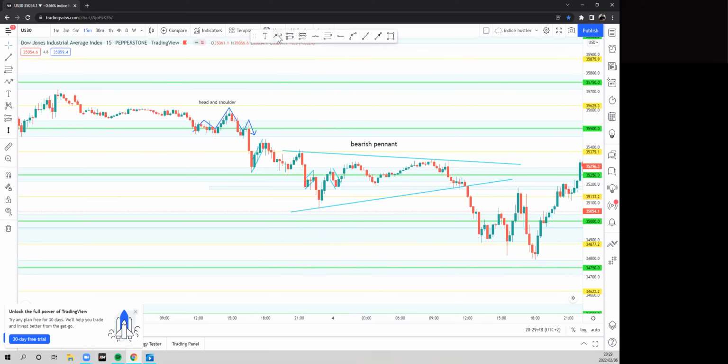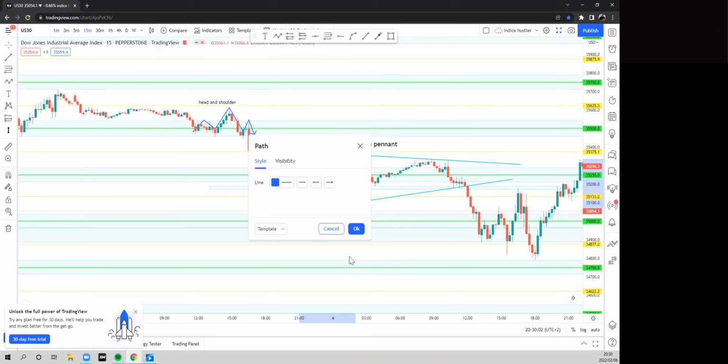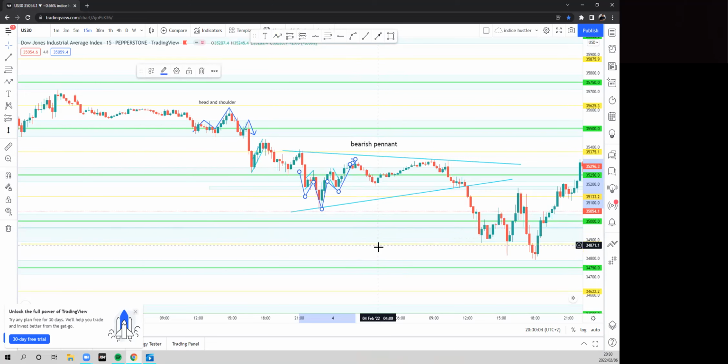Can you all see this? Look here. See that? And we've got a head and shoulder. Chart patterns are a very powerful confluence.